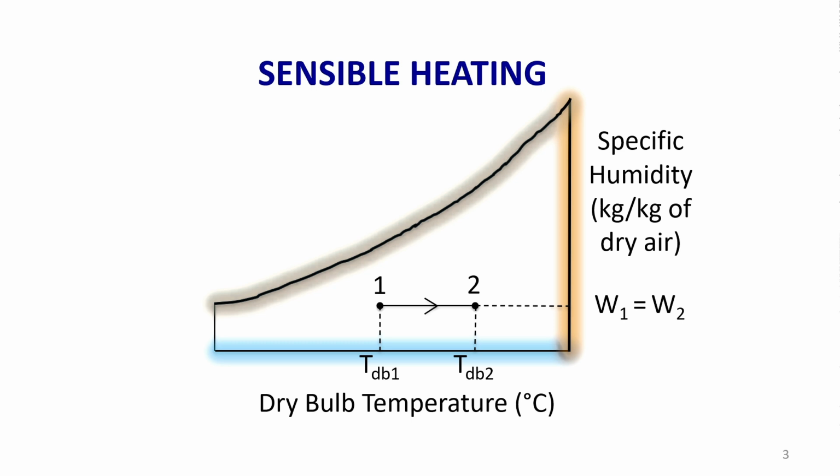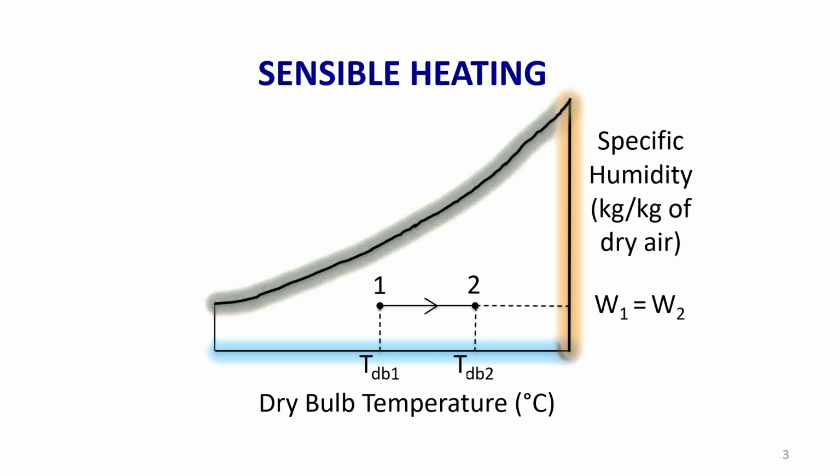Here the x-axis is the dry bulb temperature, as we know, and on the right hand side is the y-axis, the specific humidity. 1 is the initial state of the process, 2 is the final state of the process. You can see dry bulb temperature 1 corresponding to state 1, and dry bulb temperature 2 corresponding to state 2. dB2 is greater than dB1, as we know the heating process enhances the temperature.